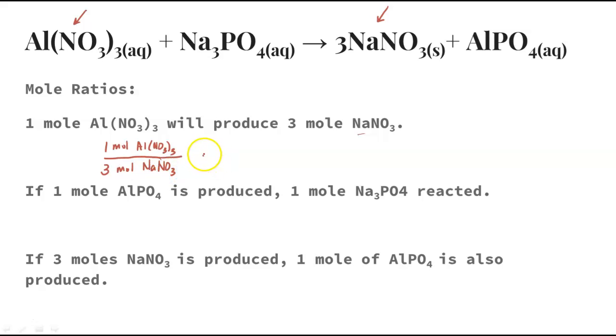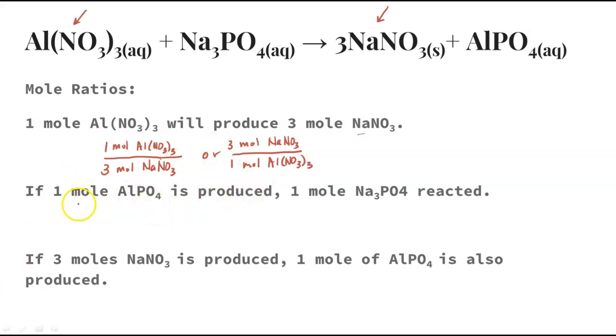So I can do that as a conversion factor, or I can flip it over where I say 3 moles of NaNO3 will always produce 1 mole of Al(NO3)3. Okay, so these are considered mole-to-mole conversion factors. I simply place these ratios into a fraction.